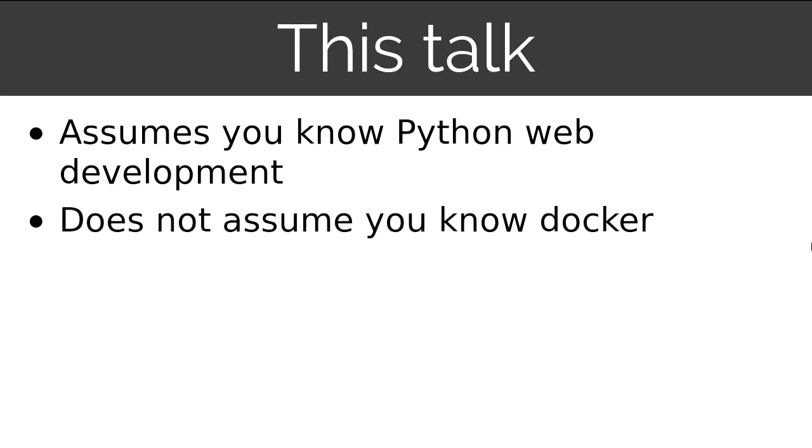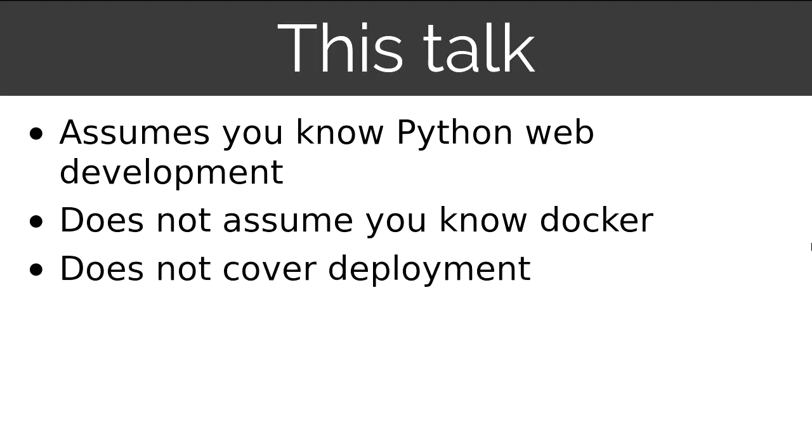I'll go through what Docker basically is, and the basic syntax of Dockerfiles and Docker Compose and how you use them together. It also doesn't cover deployment. There are a large variety of deployment strategies for Docker containers, Kubernetes or AWS, and onwards and onwards. Please go see them. I'm sure someone's given a talk about this at some point here.